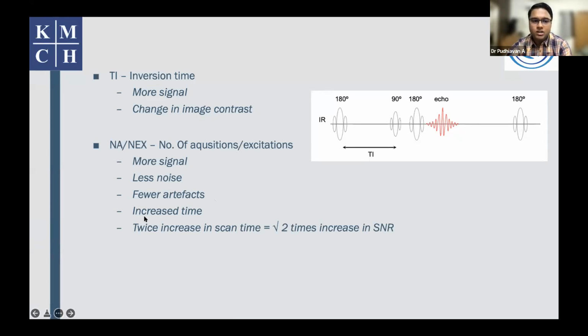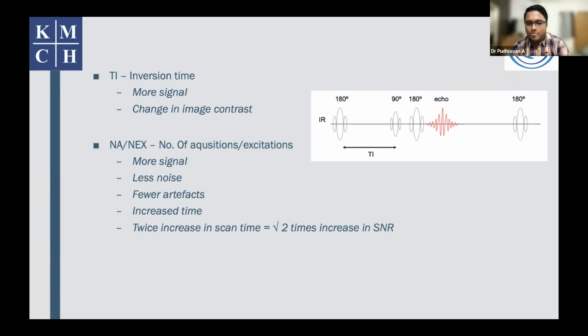And one more important thing to keep in mind while increasing the number of acquisitions or number of excitations is that a twofold increase in the number of acquisitions will increase the scan duration by twofold, but will increase the SNR by only the root of 2, which is around 1.4.